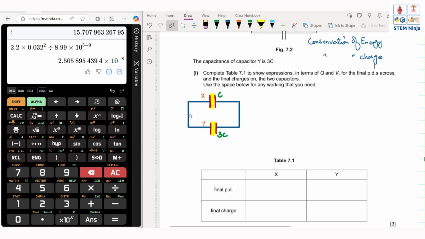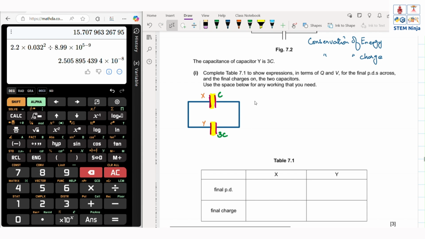So initially, the X capacitor will act like a battery and it will discharge through the capacitor Y. So they are connected in series and in parallel, but from a different perspective. The potential difference across them will be the same because they are connected in parallel.